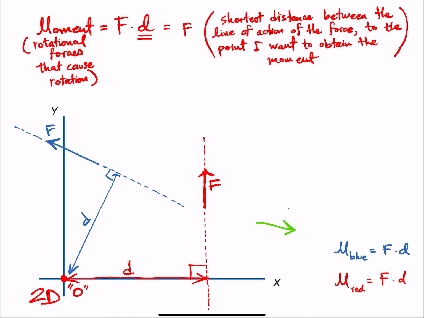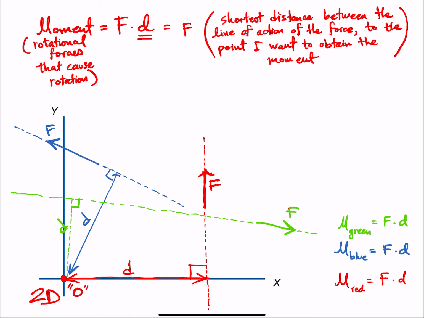So again, line of action, this is the green force, line of action, and then we have to find the perpendicular distance that passes through point O. So what about this one over here? So this is my green distance. So the moment about O caused by the green force is equal to F times D, all green. So that is the definition of moments.